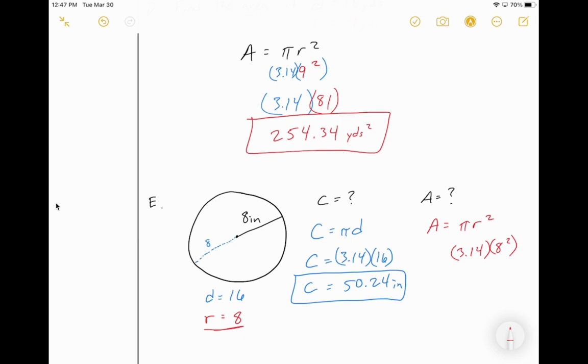All right, calculator time. 8 squared is 64 times 3.14. Here we go. And I get the area of my circle is 200.96 inches squared.